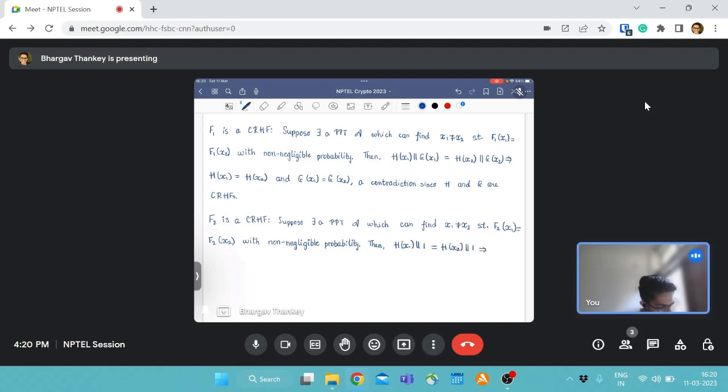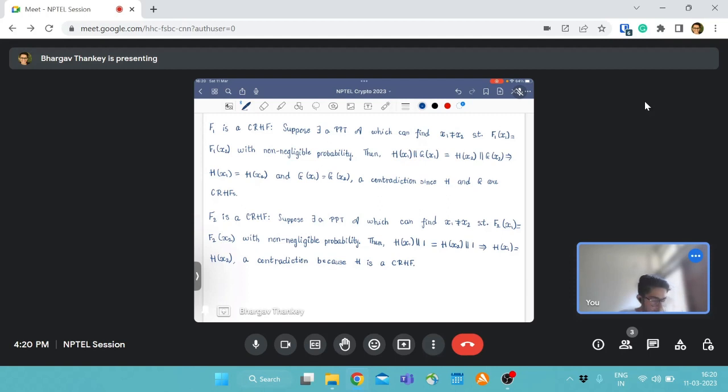And this implies that h of x1 is equal to h of x2, a contradiction, because h is a collision resistant hash function. So f2 is also a collision resistant hash function because such a PPTA cannot exist.